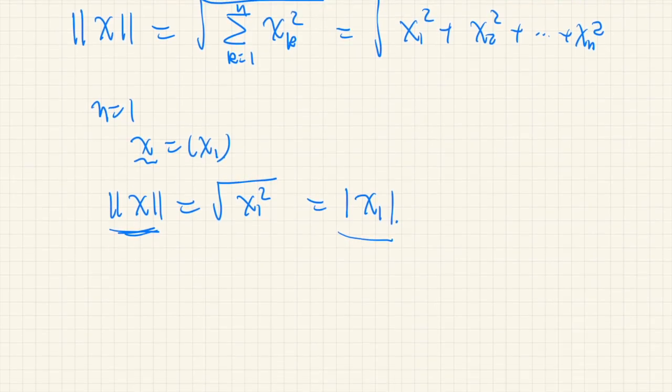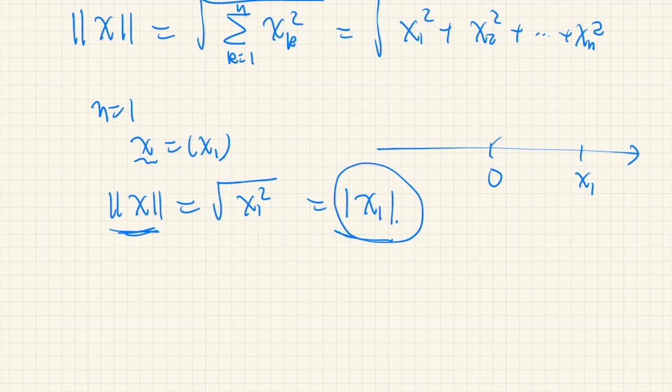Since there is only one element, we can plot it on the number line. Suppose x1 is somewhere here, then this absolute value represents the distance between the origin and that point. When x1 is positive, it's just x1. When x1 is negative, then it's negative x1. So it's just the absolute value.